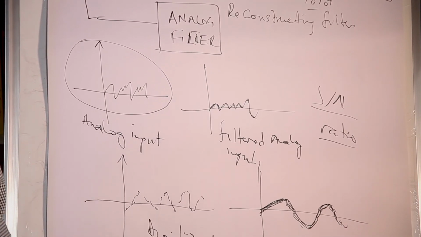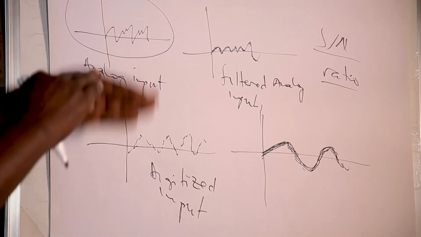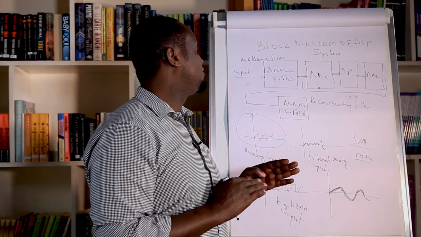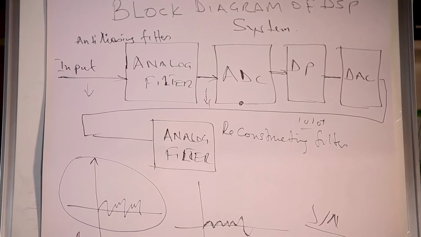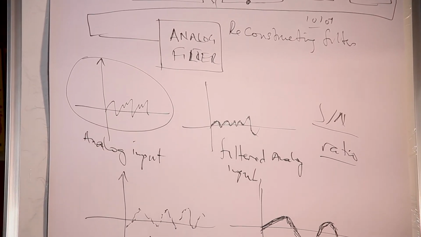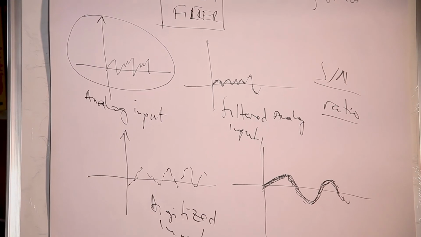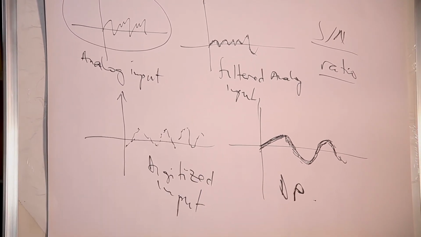So in general, if we want to explain the DSP system, this is the general block diagram. But if you want the digital filter system itself, you begin from here and then you end up here. So there are three main blocks for the digital filtering system.